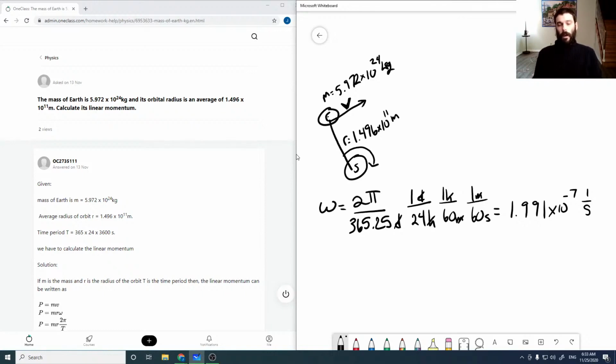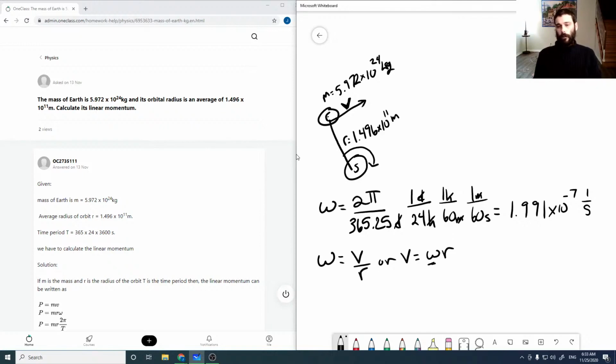And we can calculate that with our known quantities, which is omega equals V over R, or V equals omega R, depending on how you remember this formula or find it.